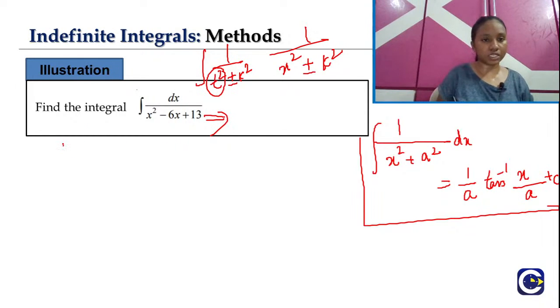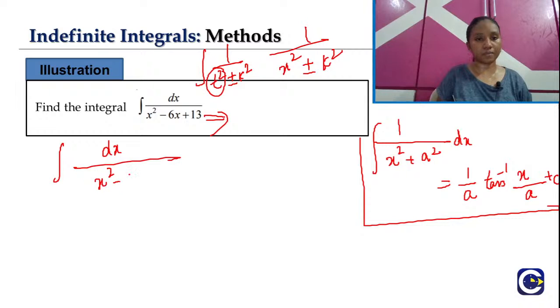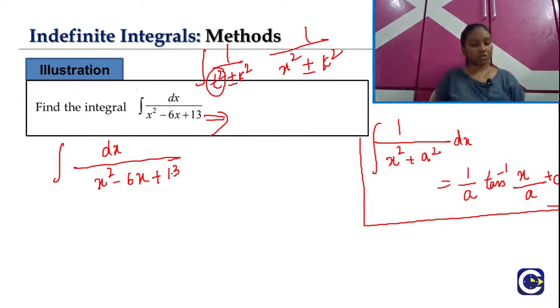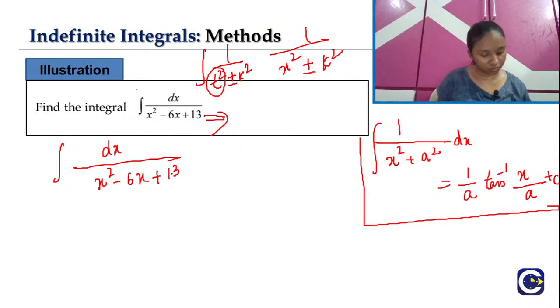So what is our given integral? So dx by x square minus 6x plus 13. So how can we write this? Okay, Shyam got it. Okay, Shivaranjani also.